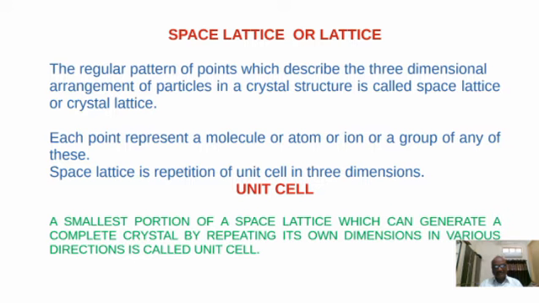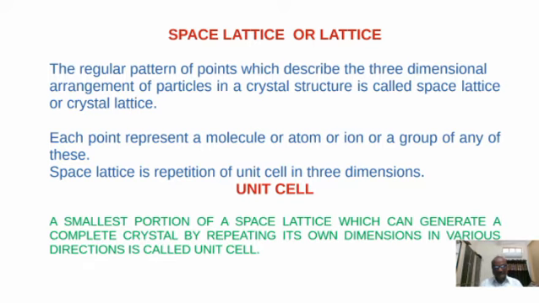The unit cell is one of the parts of the space lattice, a basic part. When you arrange these unit cells in three-dimensional fashion, that gives the space lattice. How is the unit cell forming? Again, the unit cell is formed by the arrangement of lattice points.